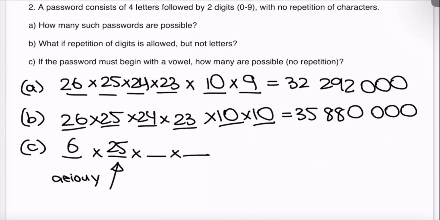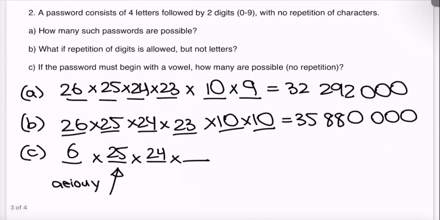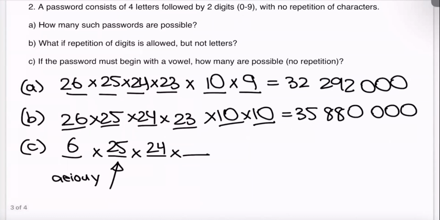Then there's 24 for the third one, because now we can't choose whatever we picked for the first or the second. And then there's 23 for this next one. Then we still keep the times 10 times 9, assuming that we're not allowed to repeat any of the digits anymore. So we're back to no repetition of characters.